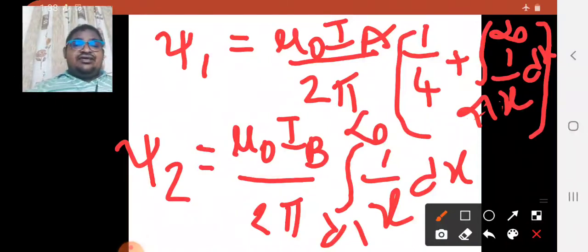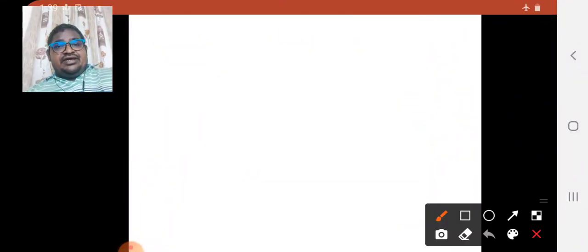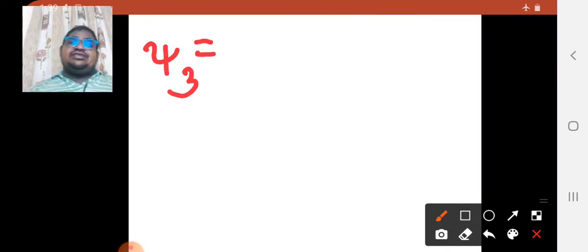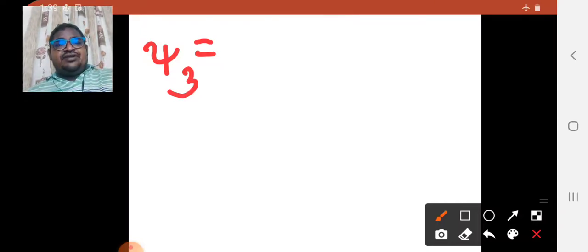And similarly, can you find psi 3? Just write that formula, it is easy. Psi 3 is equal to... first tell me what is psi 3? Psi 3 is the flux linkage of conductor A due to the current flowing in conductor C. So what is this formula?